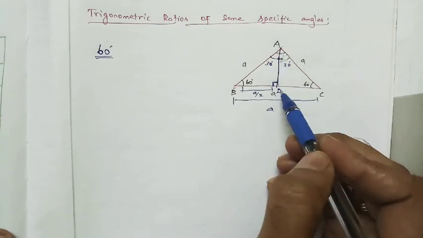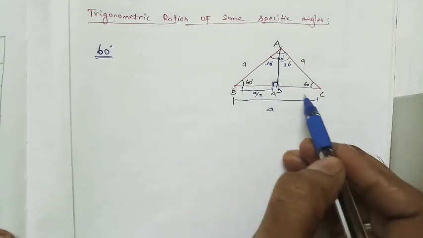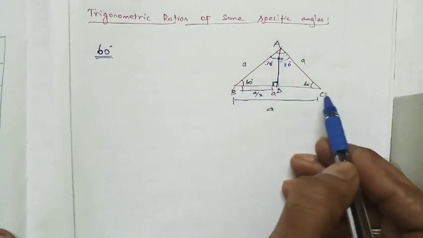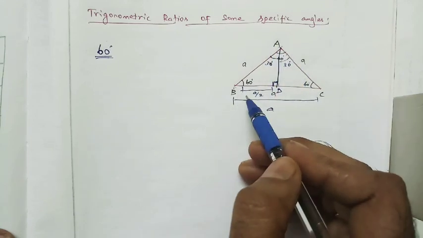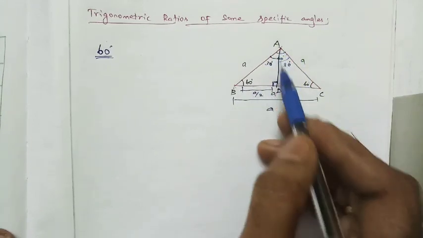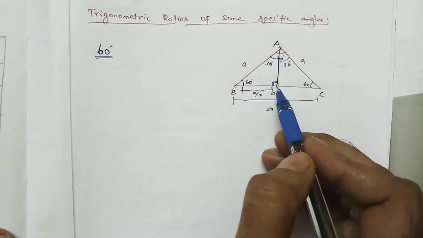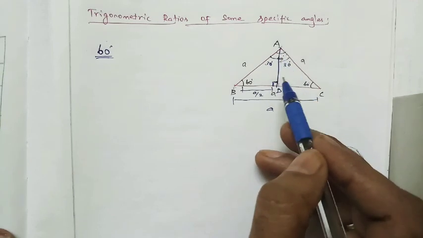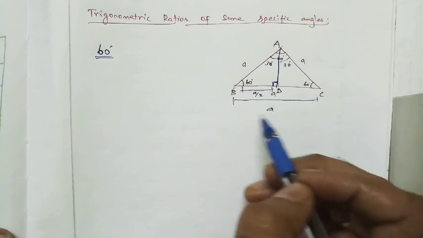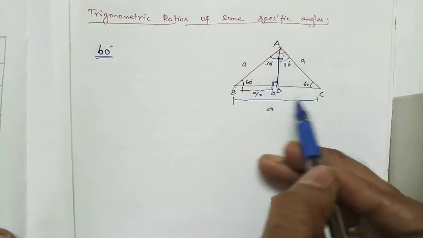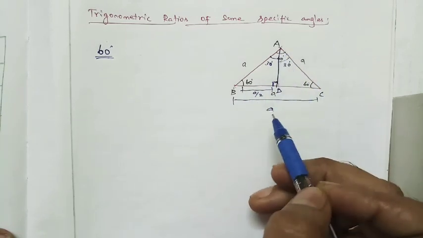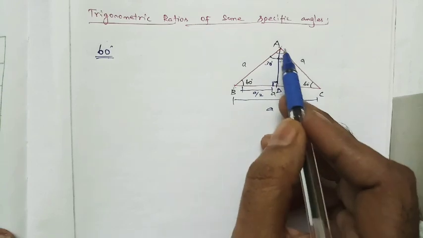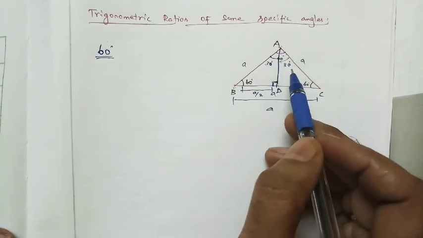So I'm drawing a perpendicular line from A to BC. AD is perpendicular to BC in an equilateral triangle. Then AD is the median of triangle ABC, because ABC is an equilateral triangle. In an equilateral triangle, median and perpendicular line will be the same.